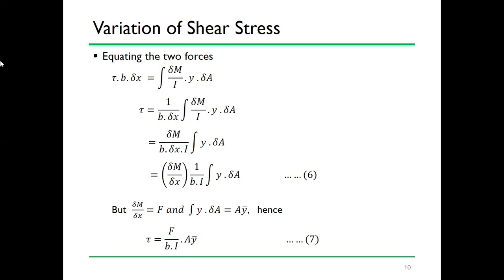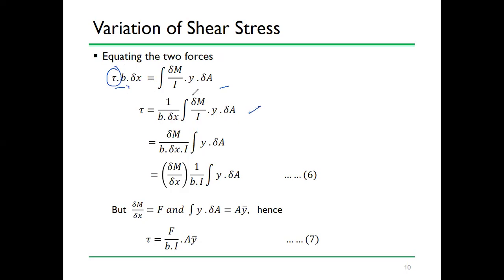For equilibrium, we need to equate these two equations. So let's now make tau the subject here. We take this one to the other side of the equation, and that becomes this one.